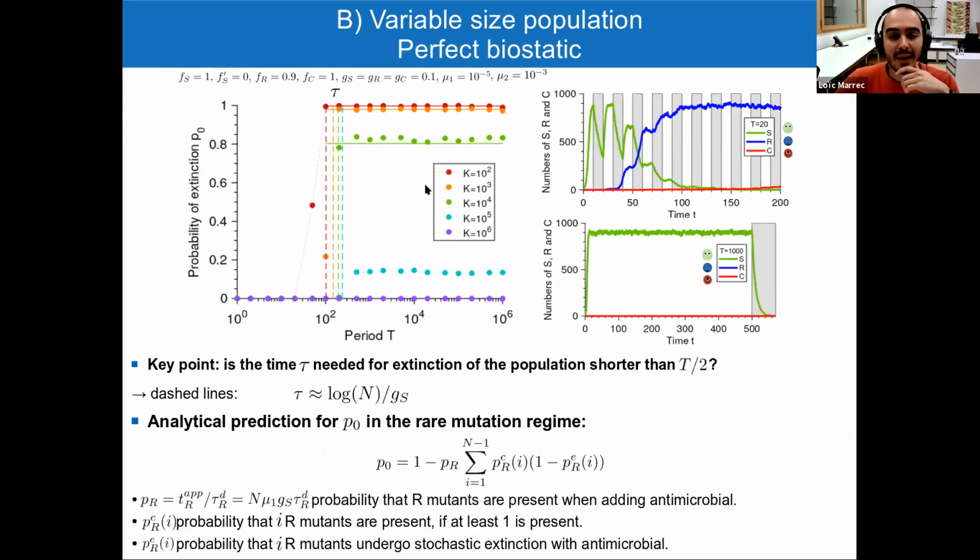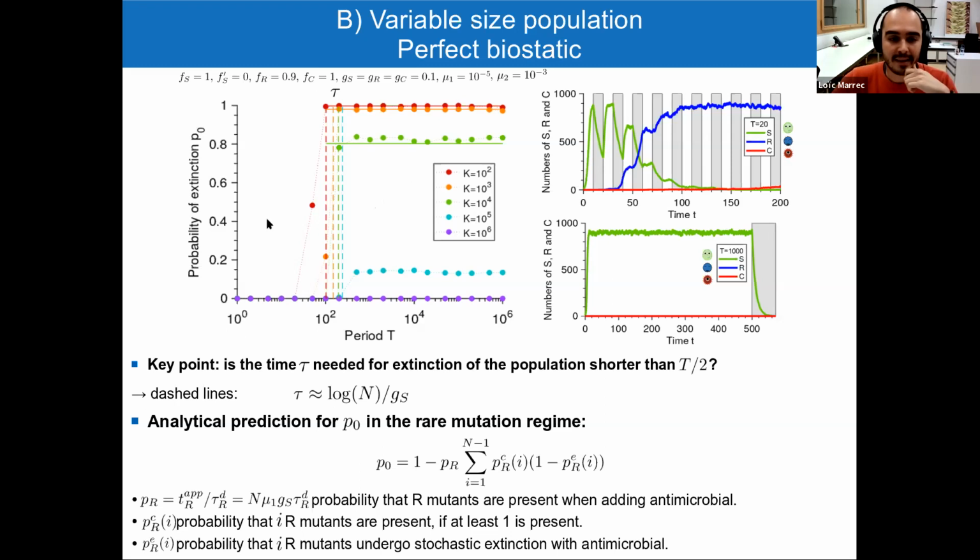So here is what I get for a perfect biostatic drug. Just to remind you, a perfect biostatic drug prevents the sensitive microbes from dividing, so their division rate is equal to 0. On this figure, I plot the probability of extinction, or the probability of treatment success, versus the period for different carrying capacities, or population sizes.